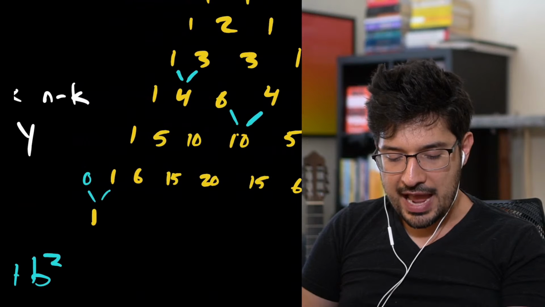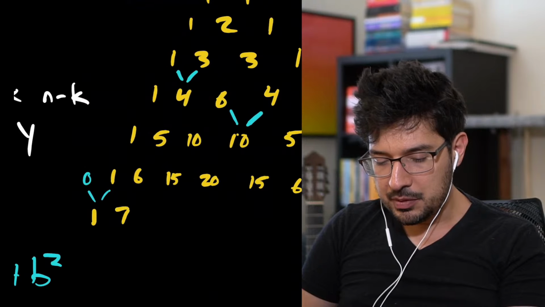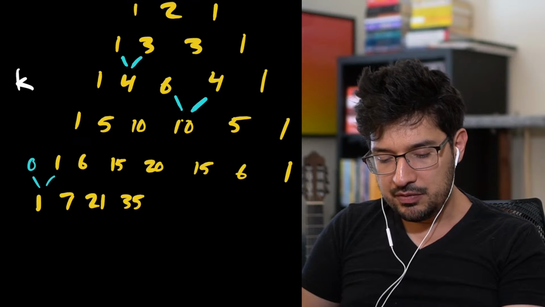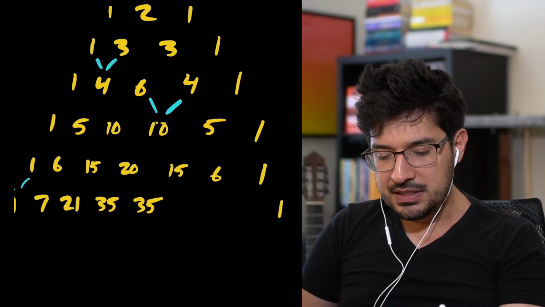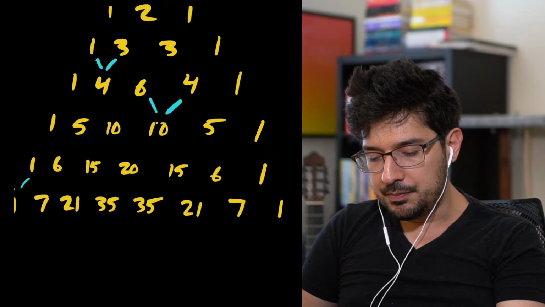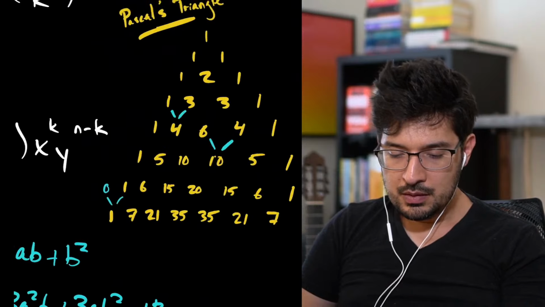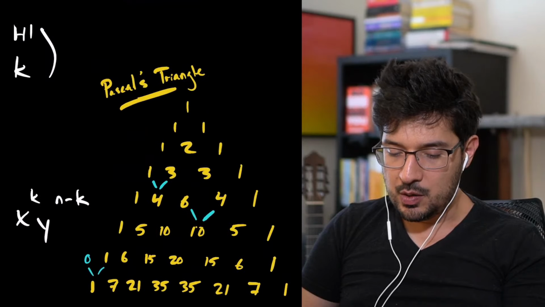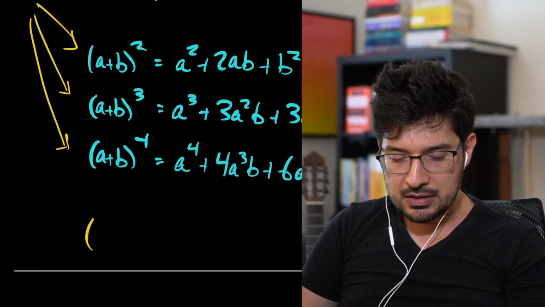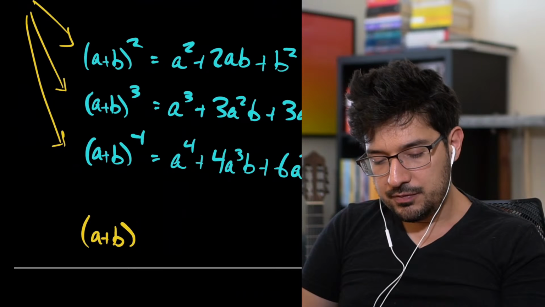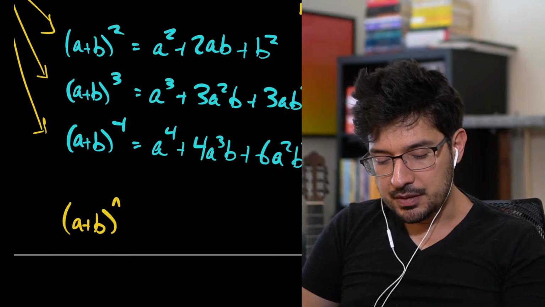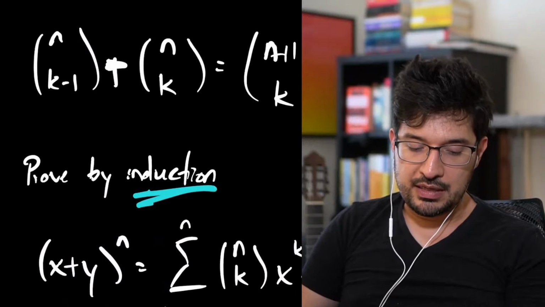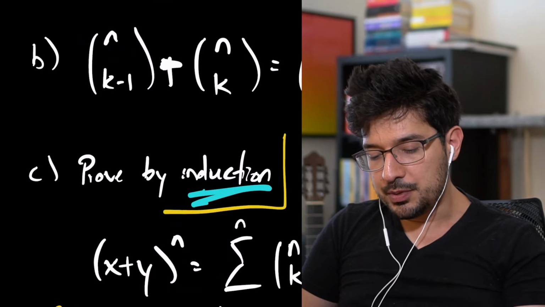Then 1 plus 6 is 7, 6 plus 15 is 21, 15 plus 20 is 35, 20 plus 15 is 35, 15 plus 6, 6 plus 1. So these are going to be the coefficients for the higher terms of this binomial theorem.